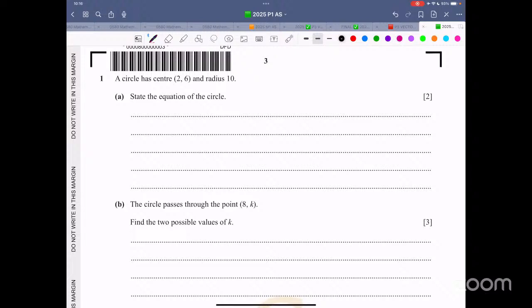First thing first, let me write (x minus h) whole square plus (y minus k) whole square is r square. Now let me plug in things where they belong. So (x minus 2) whole square plus (y minus 6) whole square is r square, that is 10 square. You can write it as 100, or you can write this thing as 10 square.